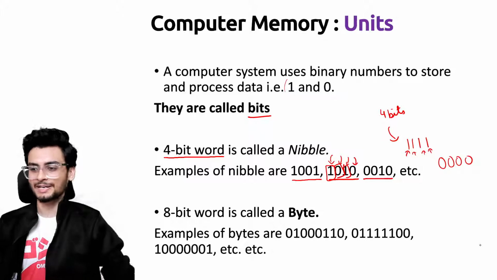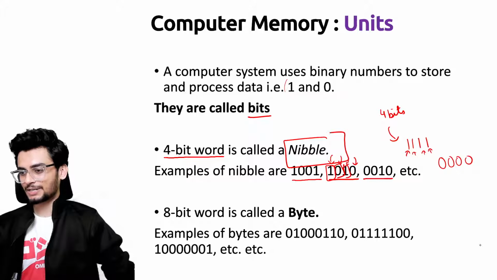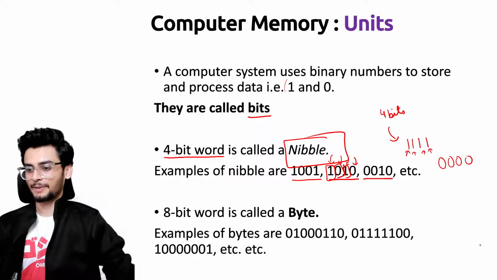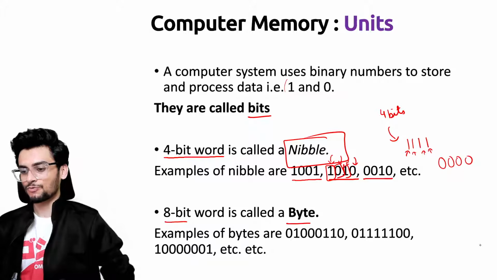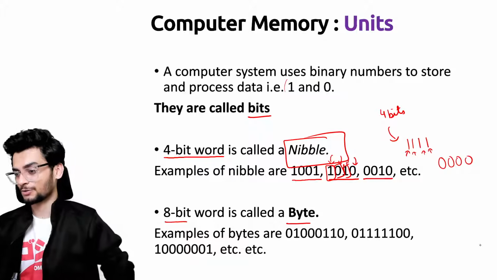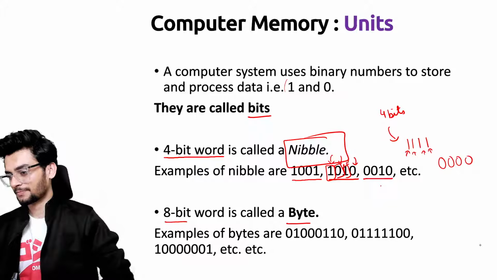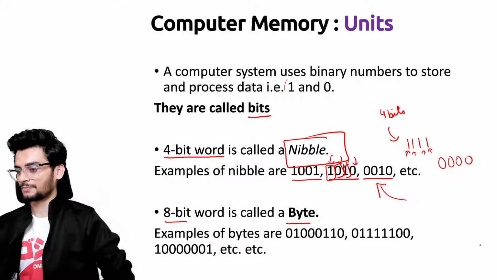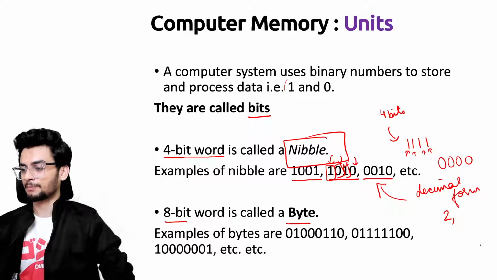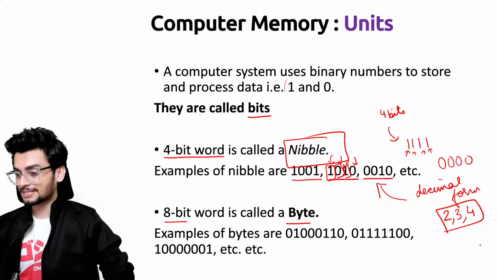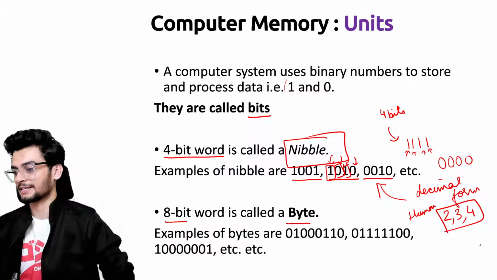Now this is a very small storage memory, storage unit, but हम लोग bytes discuss करेंगे, that is an 8-bit word. So now what are the various things can you store using this? So probably if you look at this in decimal form, this will look like a simple digit. या अगर आप 2 स्टोर कर सकते हो, 3 स्टोर कर सकते हो, 4 स्टोर कर सकते हो, but this is what humans can read.